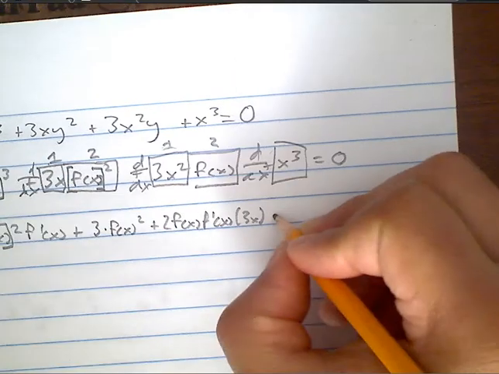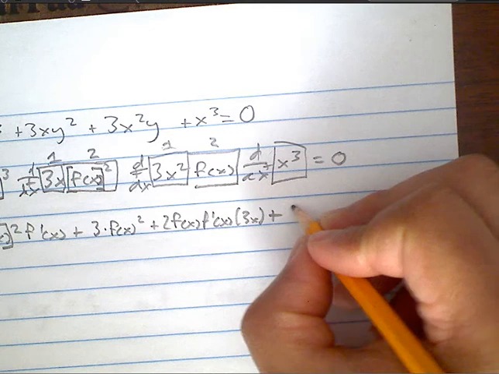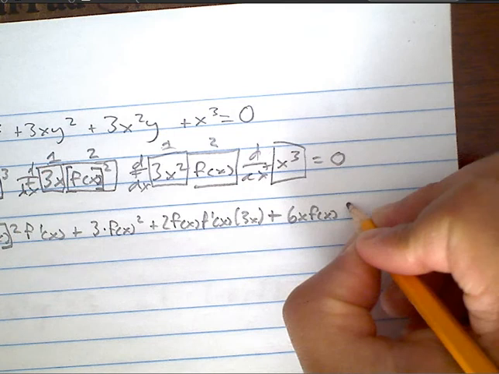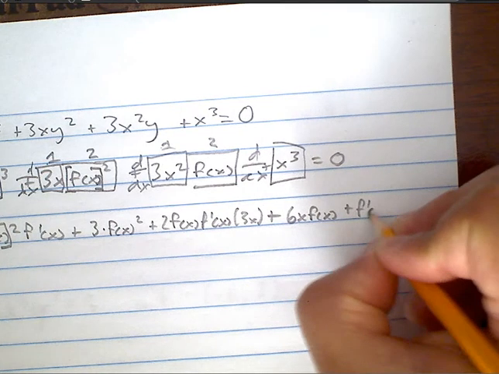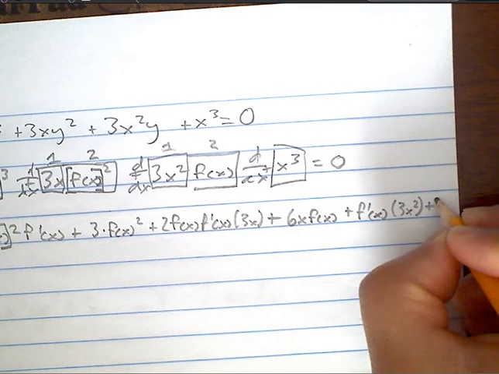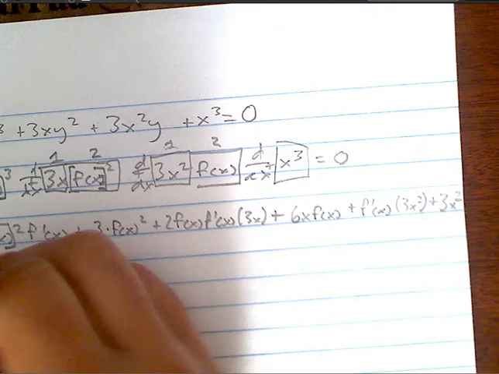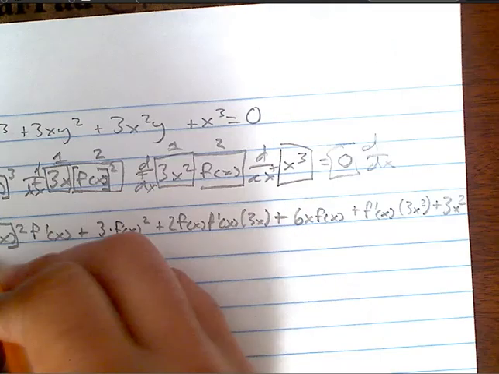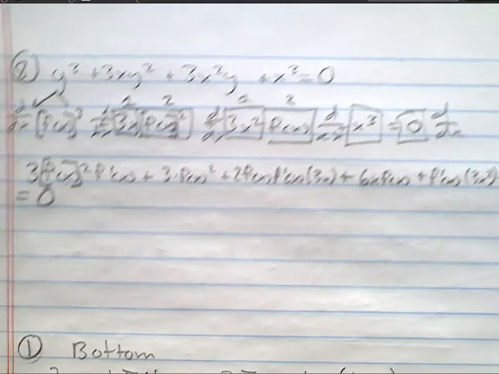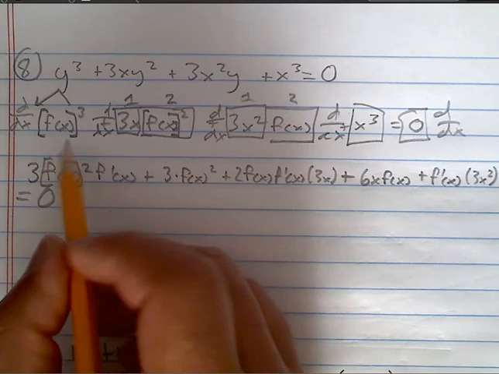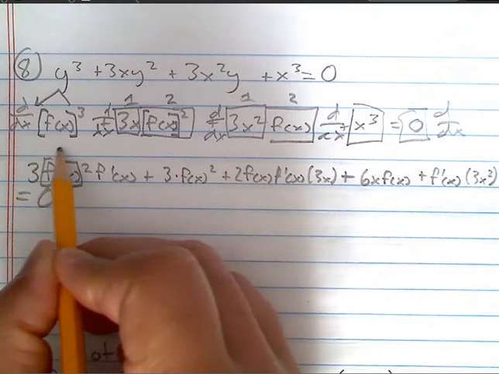Plus, I'm going to run out of room, derivative of the first is 6x, times the second, f of x, plus the derivative of the second is f prime of x, times the first, 3x squared, plus the derivative of x cubed is 3x squared, and that all equals the derivative of 0, which is 0. Yeah, that's a lot. So let me break it down. This was a chain rule.